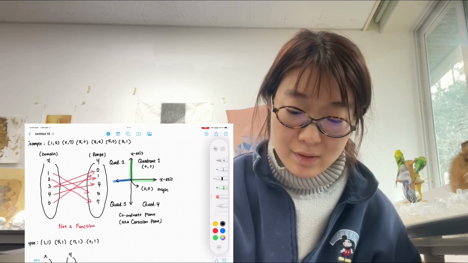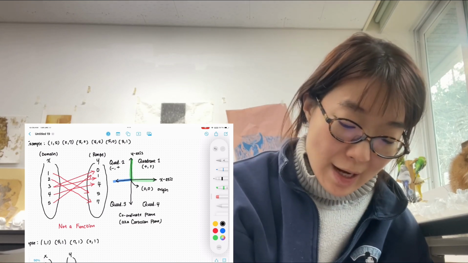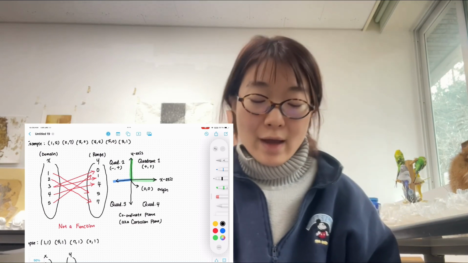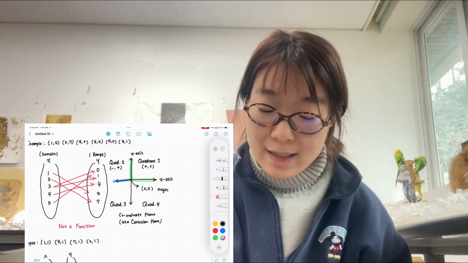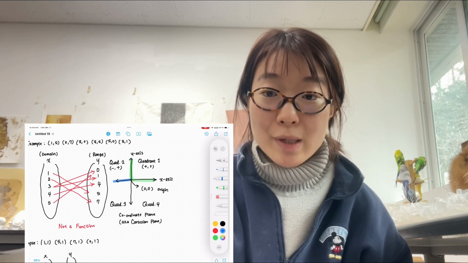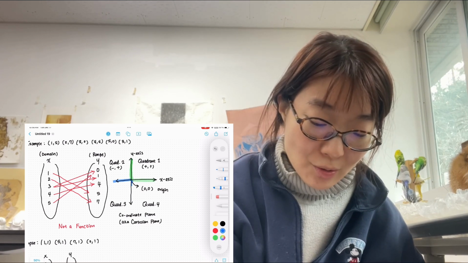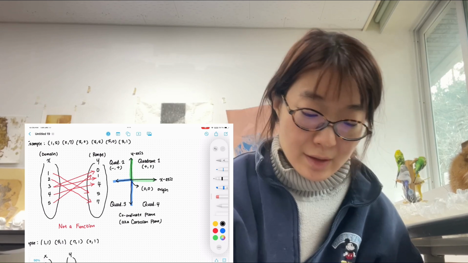So all the points in quadrant 2 would have negative x value and positive y values. And in quadrant 3, again, our x values would be all negative, but this time our y values too would go into negative, like so.